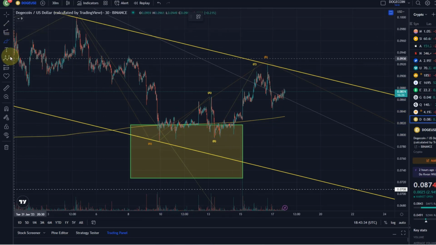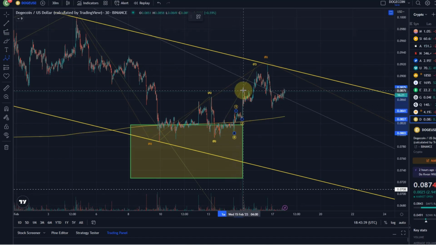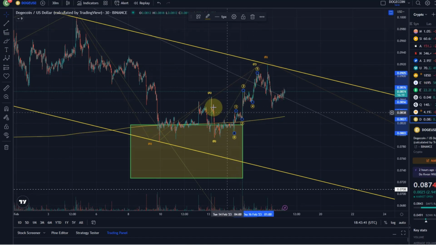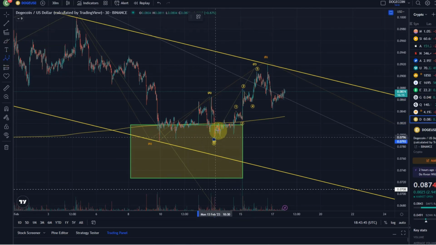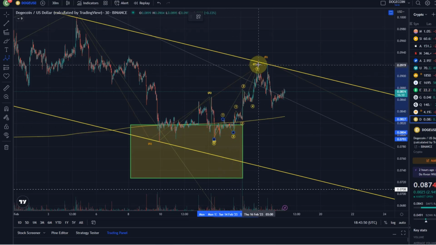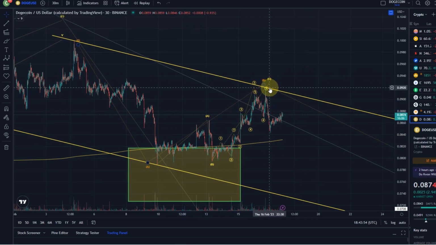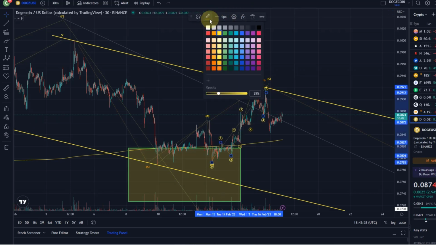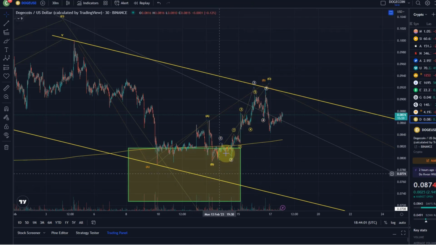Exactly, so 1, 2, 3, 4, 5. But then you have one additional 1-2 setup in front of it. So that would say also here 1, 2. This was then the 3, 4, 5 of C, which means we can completely count a 5-wave move in C, which makes sense, and then overall you have a 3-wave move.